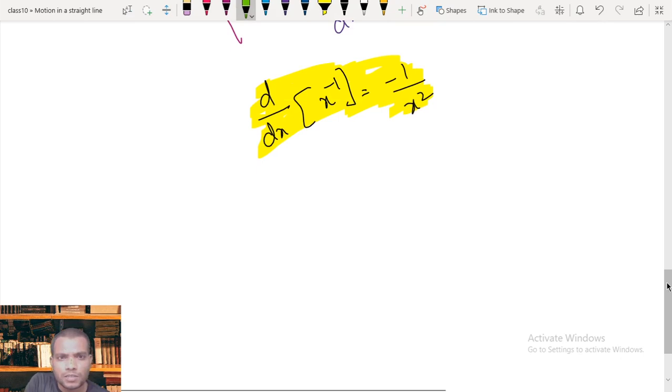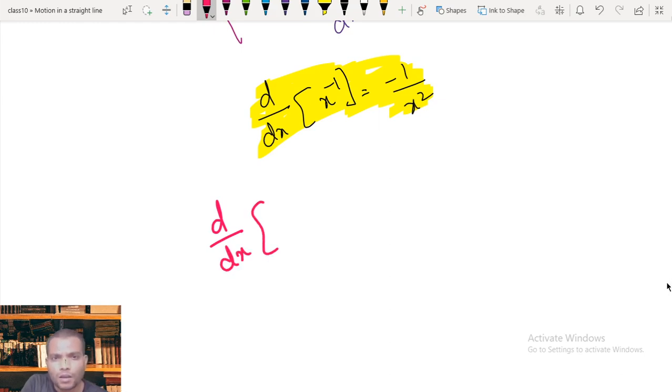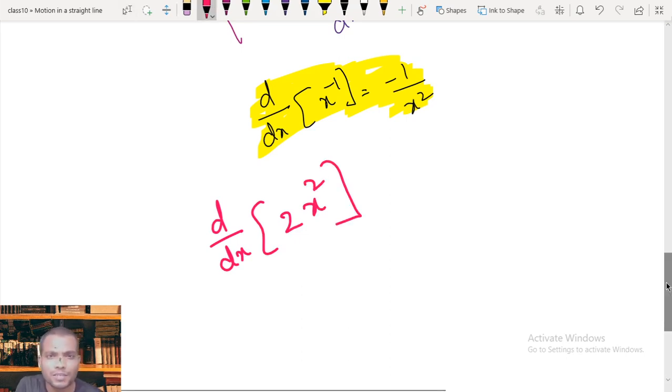Suppose, what is the value of d by dx of 2x square. Here 2x square is a function and x is a variable. How can we proceed? We know two formulas here.